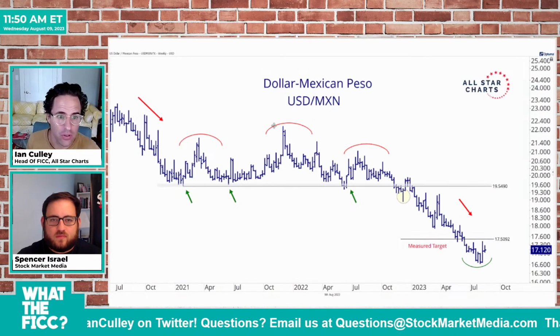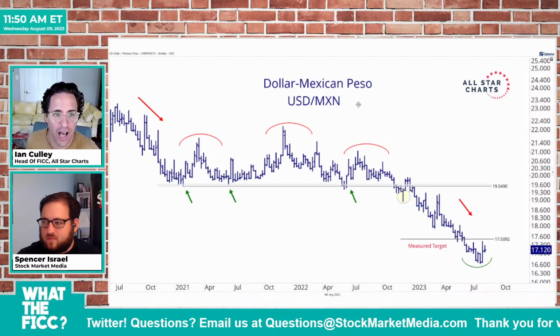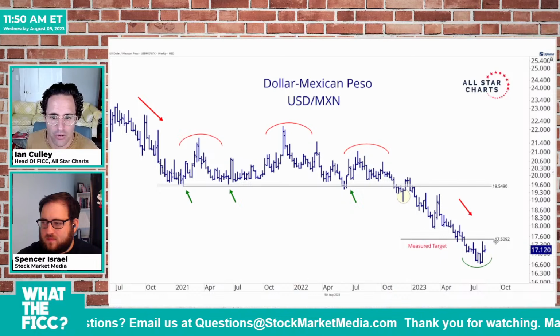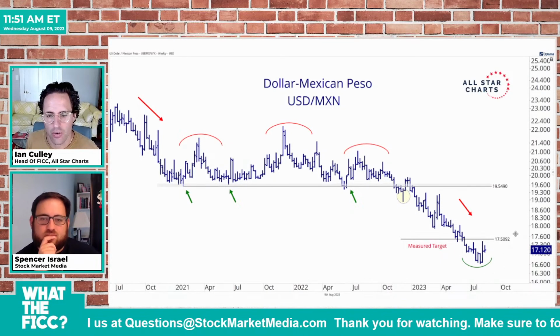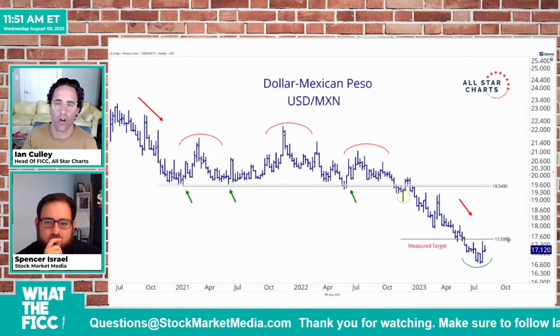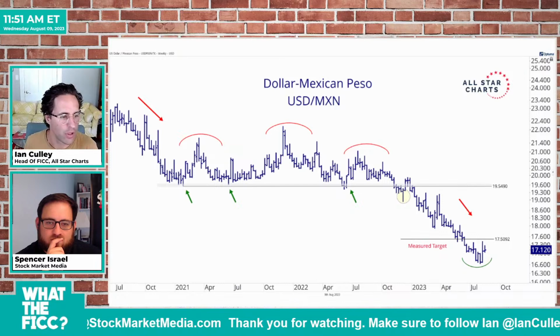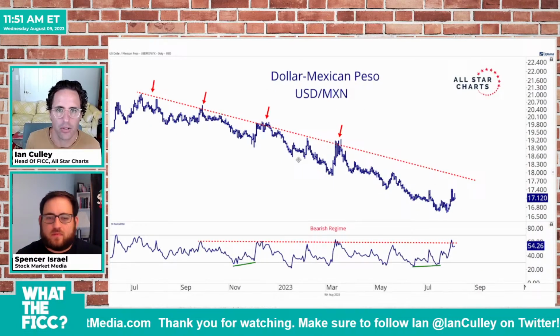The dollar versus the peso was carving out a multi-year head and shoulders top, broke down, reached our measured target, and is now starting to consolidate below that 1750 level, which also coincides with the 2014 lows. Clear downtrend for the dollar versus the Mexican peso.